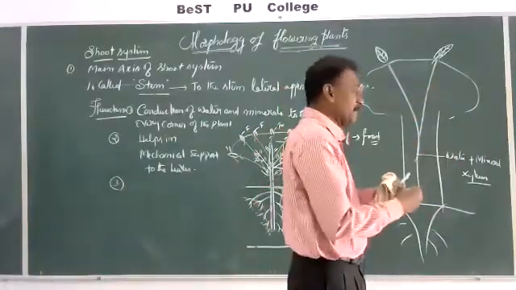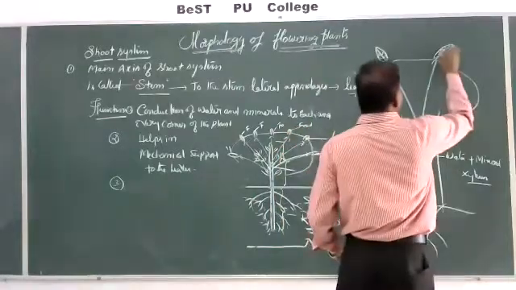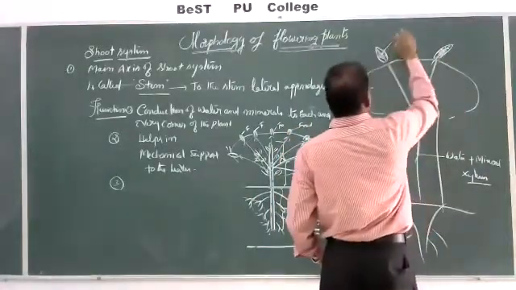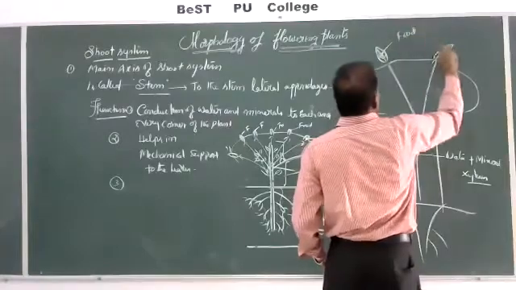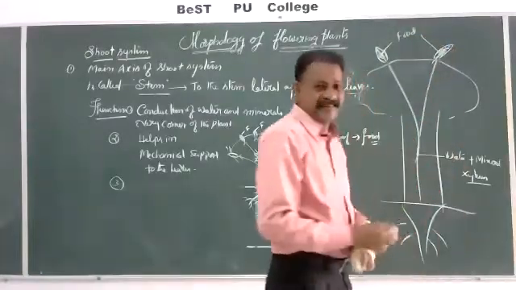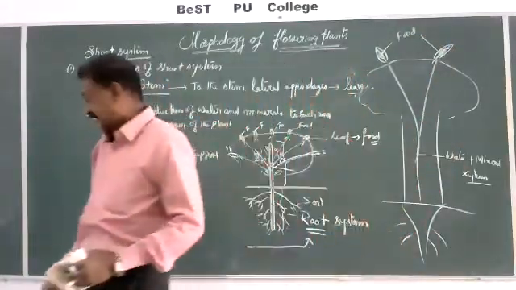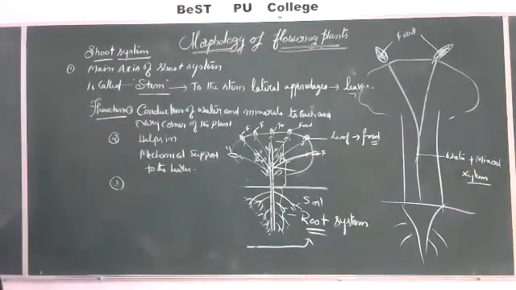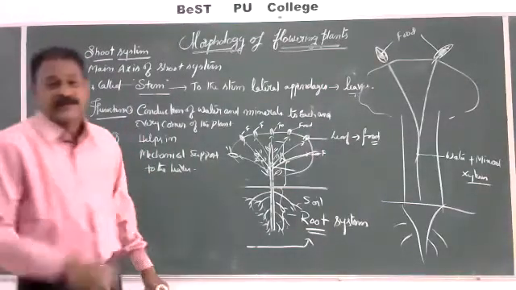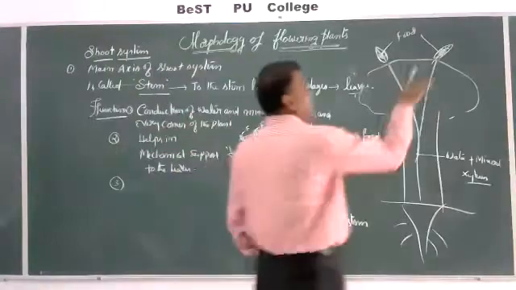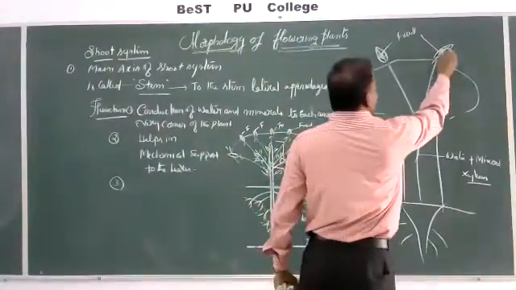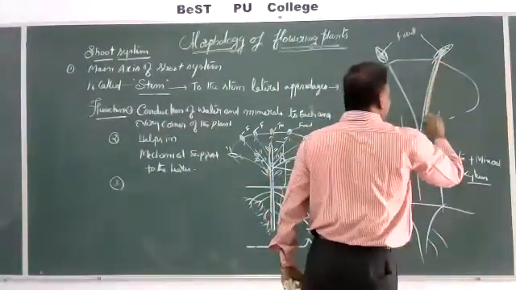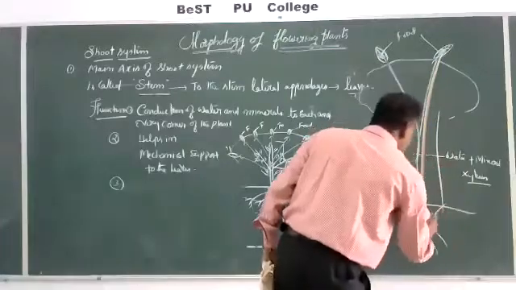After that, it will prepare food material. Food is prepared. Now, other structures are there in the body of the plant to carry food from the point of manufacture to various other parts like the root system.